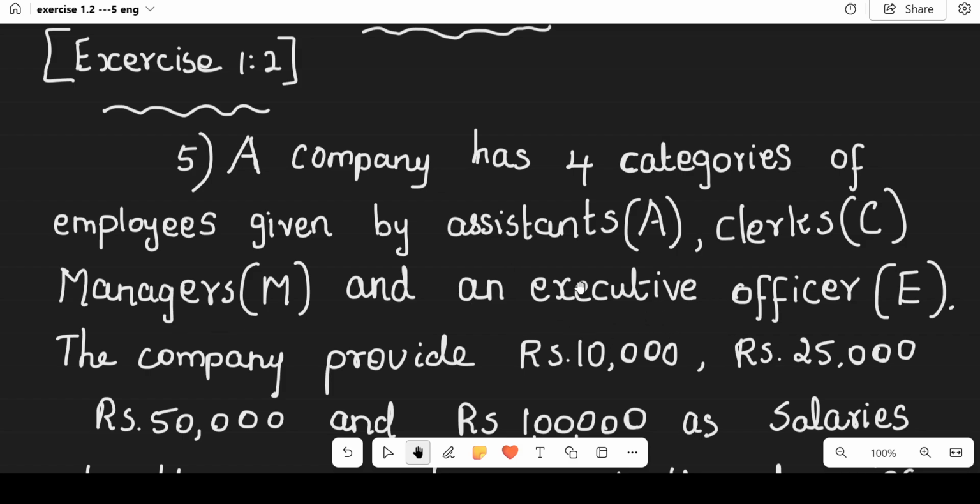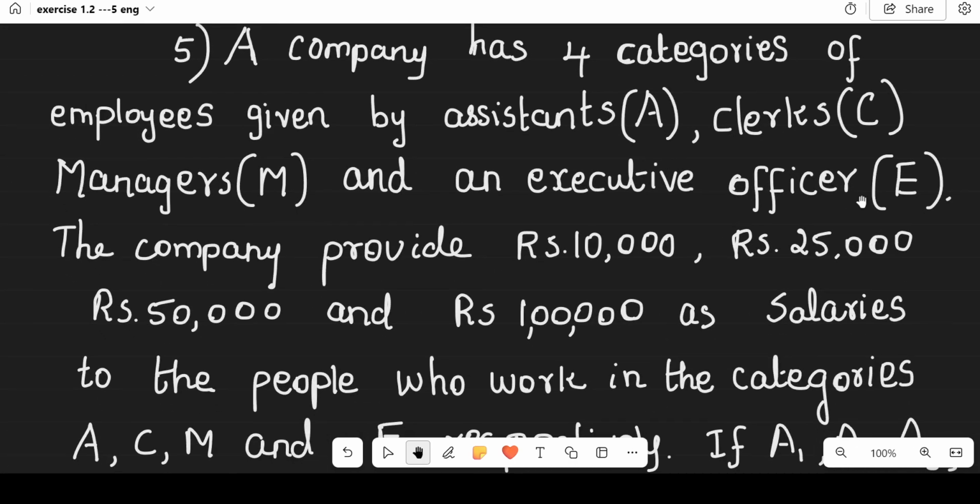Okay, here this capital A represents the first letter of the assistant position. C represents the first letter of the clerk position, M represents the first letter of the managing position, and E represents the first letter of the executive officer position.